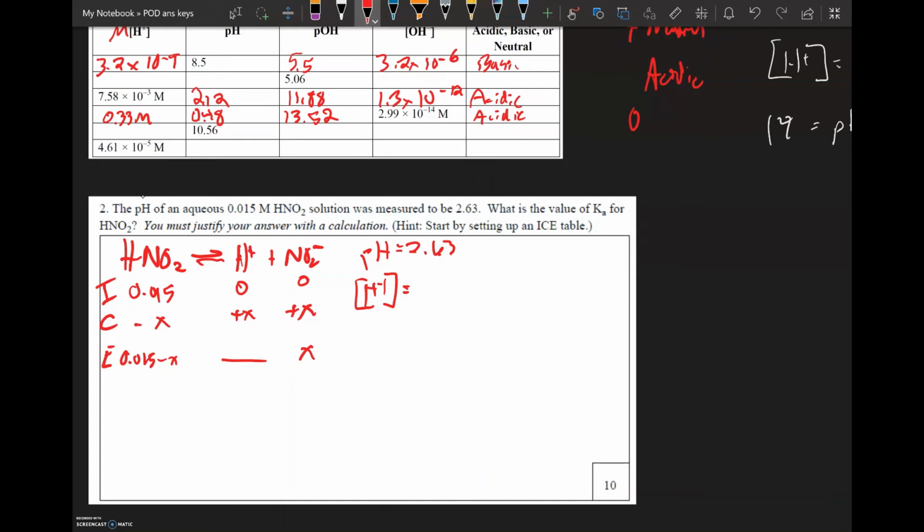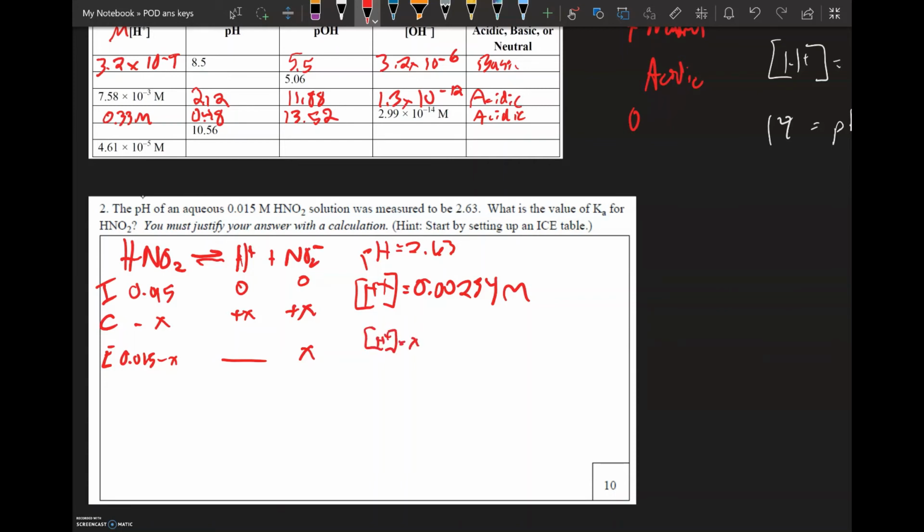Now, just like above, we want to figure out the hydrogen concentration, and so we need to do the anti-log of the pH. So 10 to the negative 2.63, that gives me a concentration of 0.00234 for our hydrogen concentration.